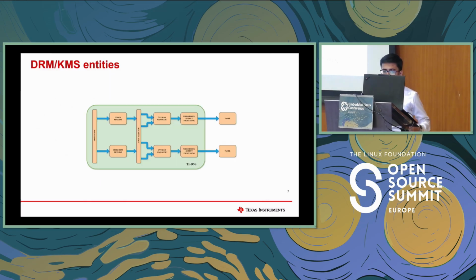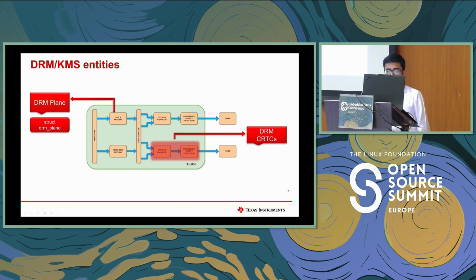All right, so this is a basic display controller block that TI has. We have one video pipeline, and we have two video pipelines, and they map to the DRM plane structure. Here you will have your video frame buffer data that is stored in the DDR, which can be DMA'd. Then we have an entity called the overlay manager, which acts as a video mixer.